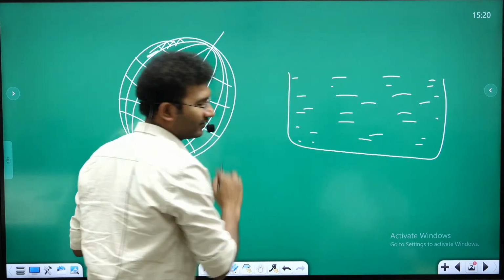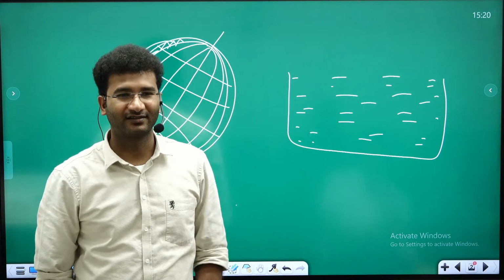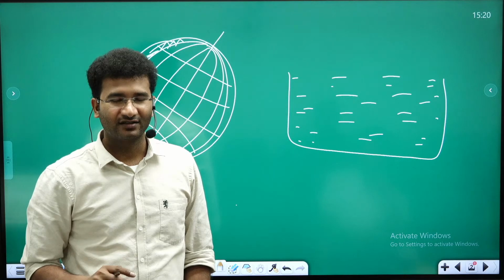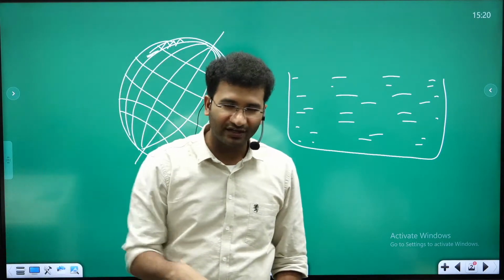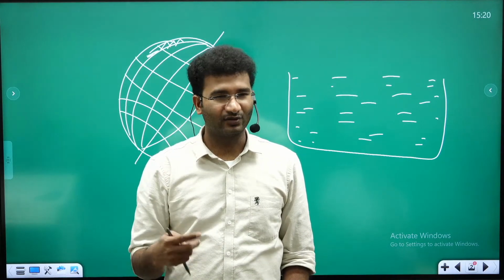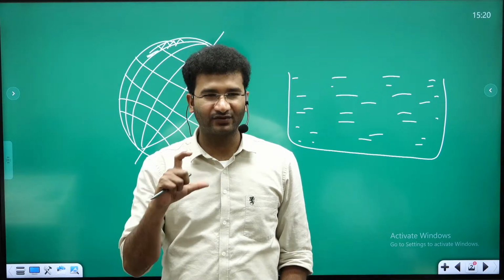Okay. What happens to you when you dig 12 kilometers deep into the ocean? एक तो pressure है, दूसरी चीज, you will directly touch magma. ठीक है? Because what is the thickness of the oceanic crust?